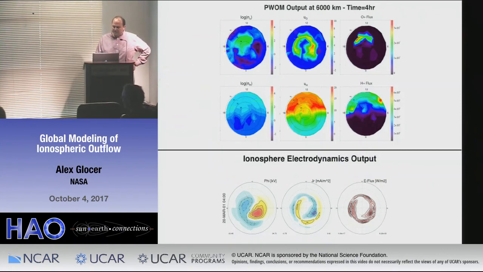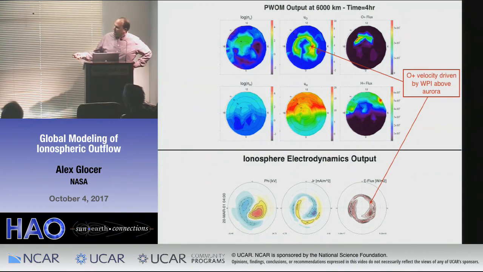If you look at the velocity, the H+ velocity really looks kind of like what you'd see just for classical polar wind, but the O+ velocity is very strongly following the auroral oval. And this makes sense because we're basically turning on the wave heating terms where we have auroral precipitation, and so that also makes sense.